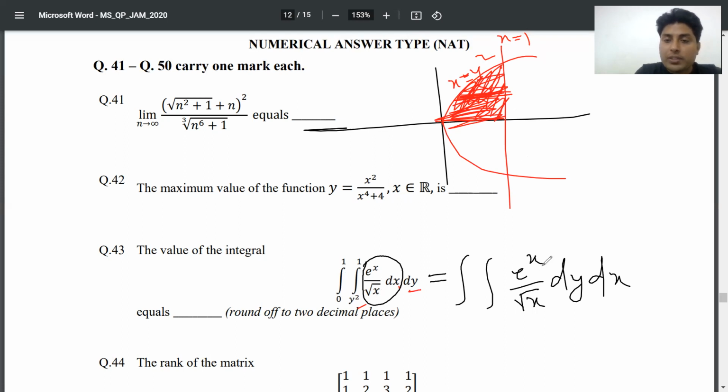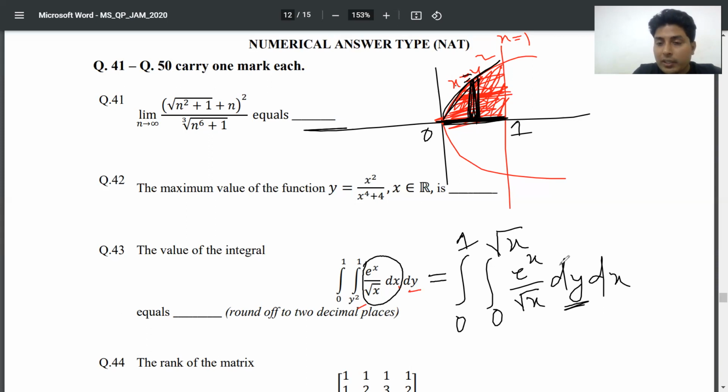Now I want to change the order, so first we need the limit of y. So y starts from the bottom part, the x-axis, that is y is 0, to y will be here root x. This is x is y square, so y is root x, and x will have limit 0 to 1. Now let's integrate with respect to y.